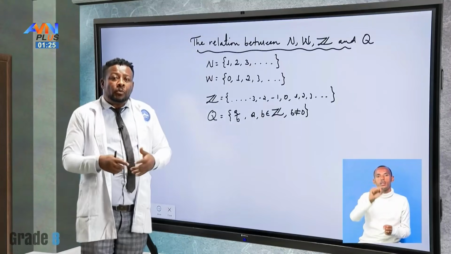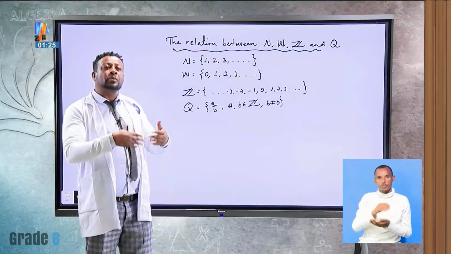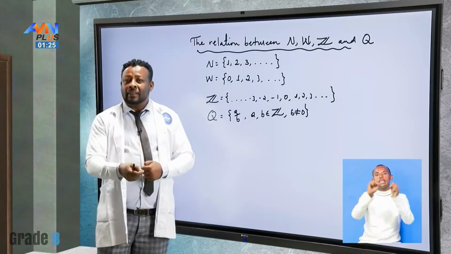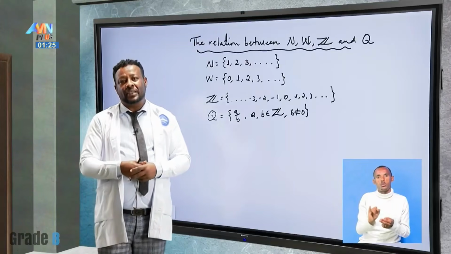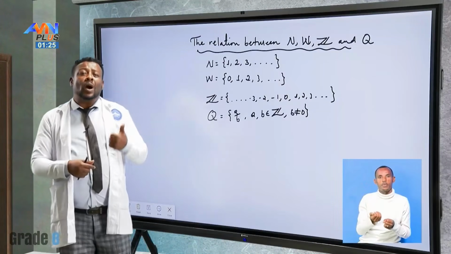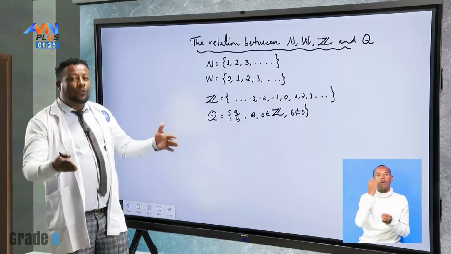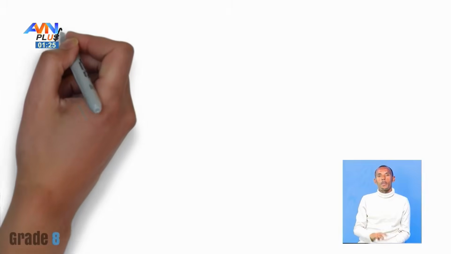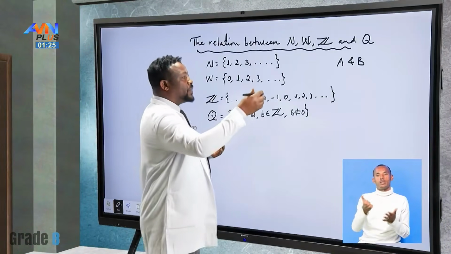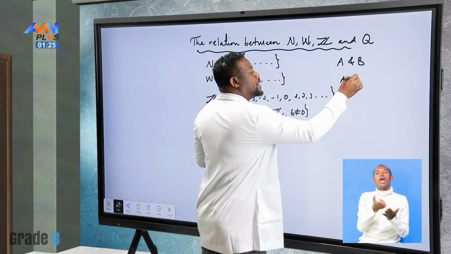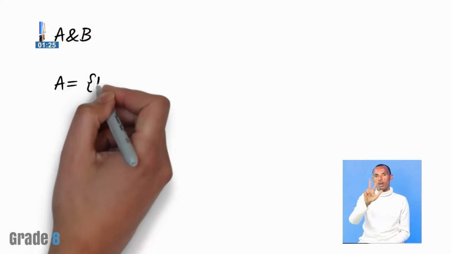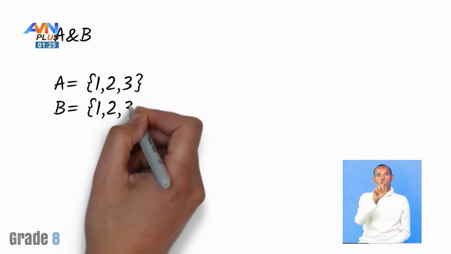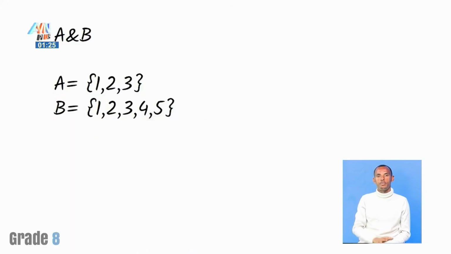From your previous grade level, you have the concept of a set, a subset, and other related issues regarding set theory, right? Just to remind you what a subset is, suppose we have two sets A and B. Set A contains elements 1, 2, 3, and set B contains elements 1, 2, 3, 4, 5, right?